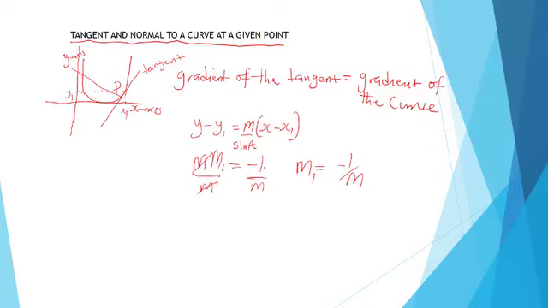So your m1 is equal to -1 over m. That's how to get the slope of the line. Now with this, you can always calculate the tangent and the normal to a given curve at any given point. This is just the basic relationship that you need to know, and this is the equation of the tangent.